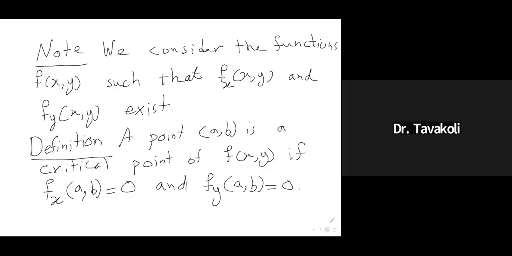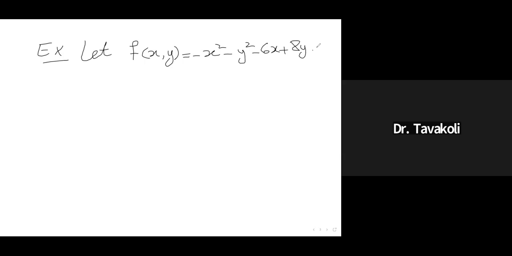Let's see an example, a simple example. Let f of x and y be defined in this way: minus x squared minus y squared minus 6x plus 8y. So that's the function of two variables.